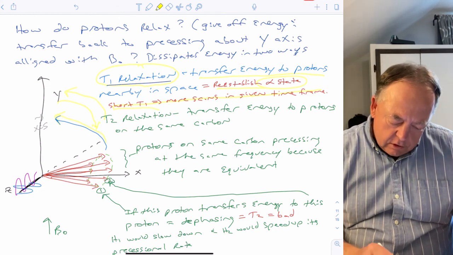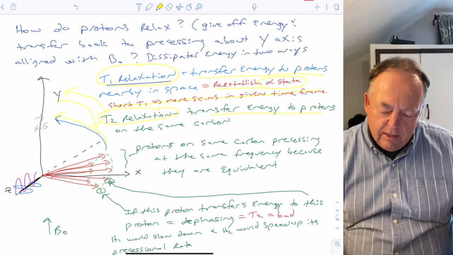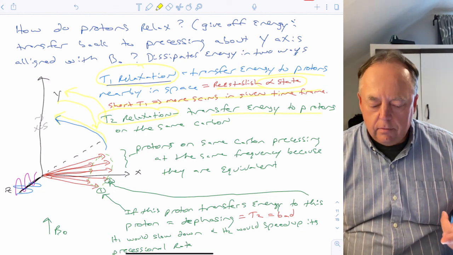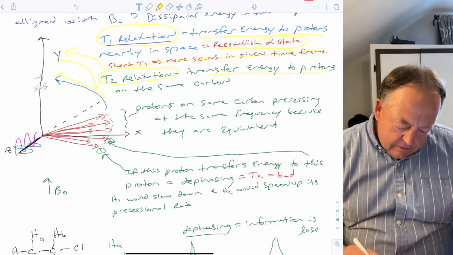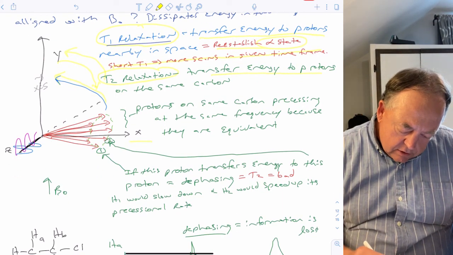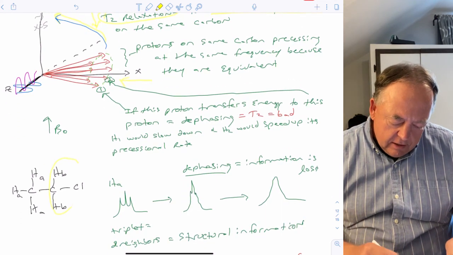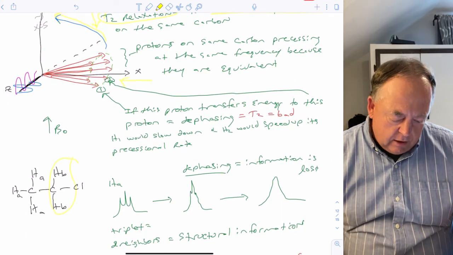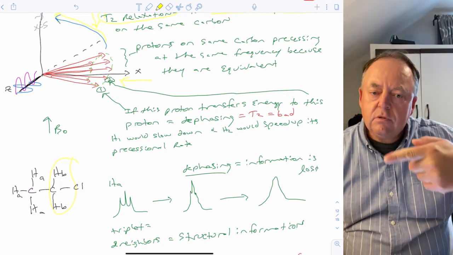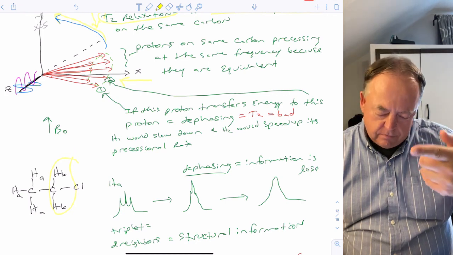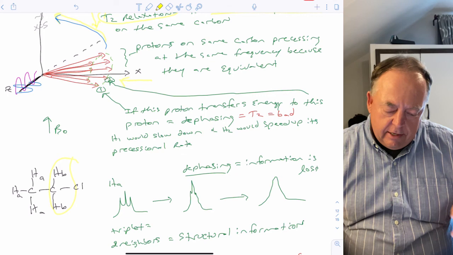Or you can have what's known as T2 relaxation. This is where you transfer energy between protons on the same carbon, and that would be a bad thing. If this represents CH2 hydrogens, for example, a bunch of different HBs precessing about that nucleus, ideally all at the same rate.